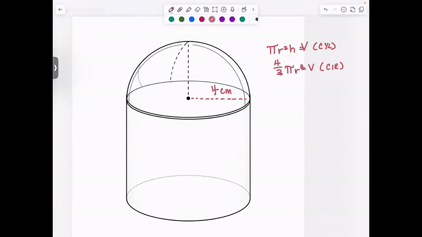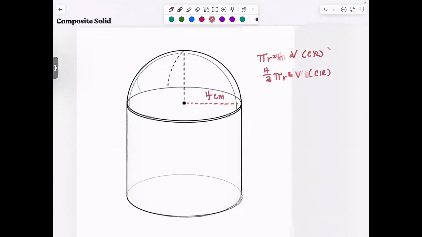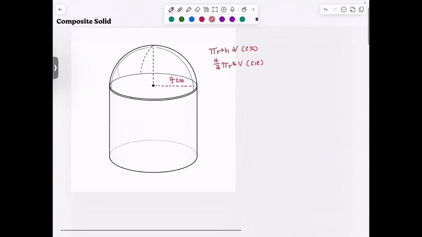Let's use some dark pink. Notice here the radius of the circle, there's symmetry here. We can use 4 centimeters on the cylinder as well. Pretend we know they're stacked on top of each other, and we can reasonably assume that the radii are the same for both the semicircle and the cylinder.